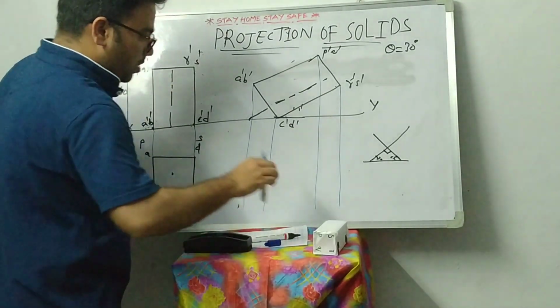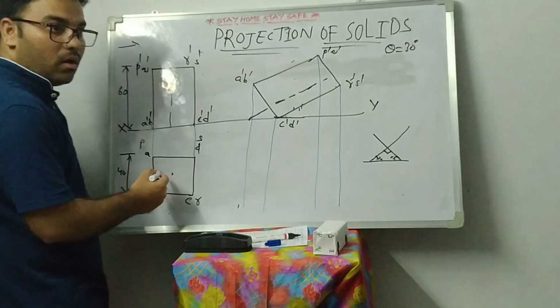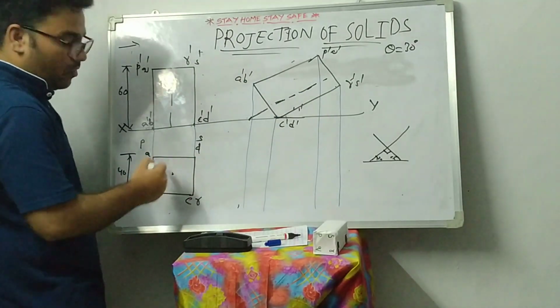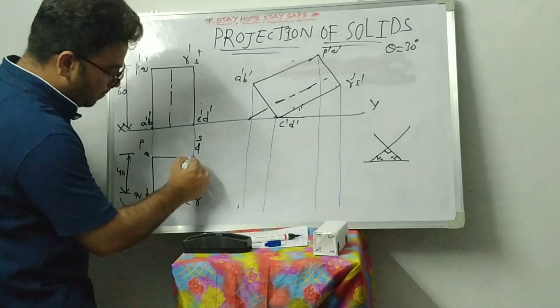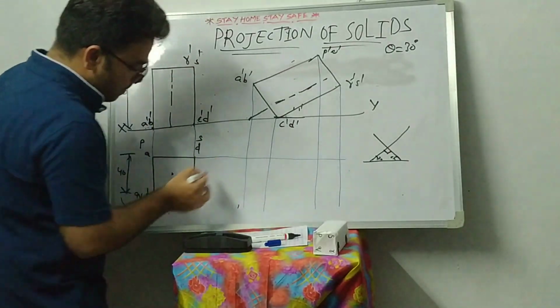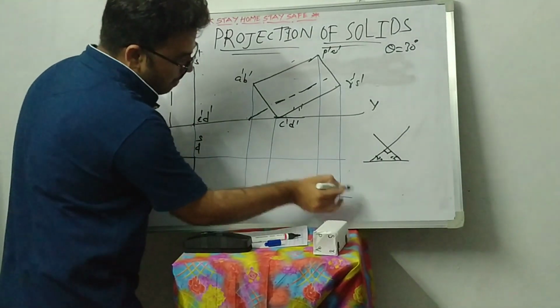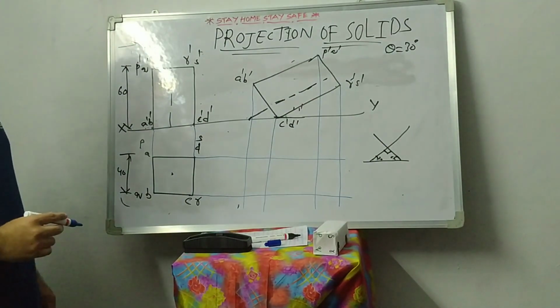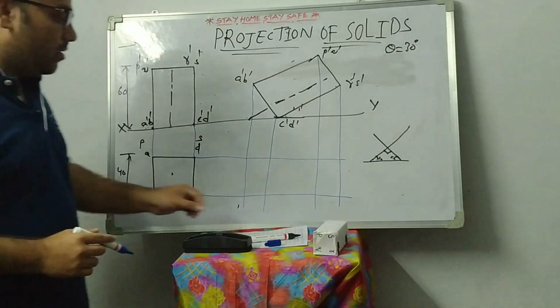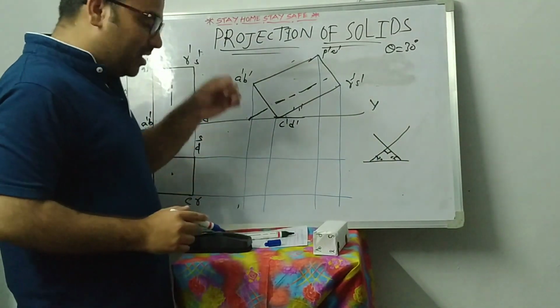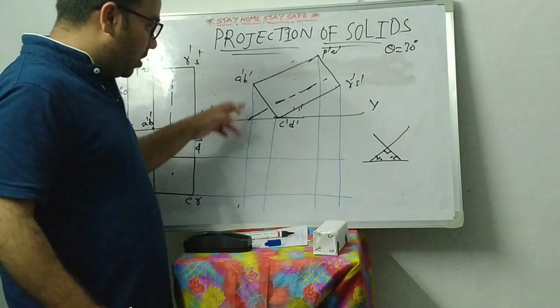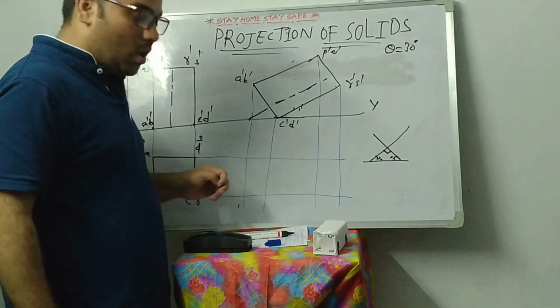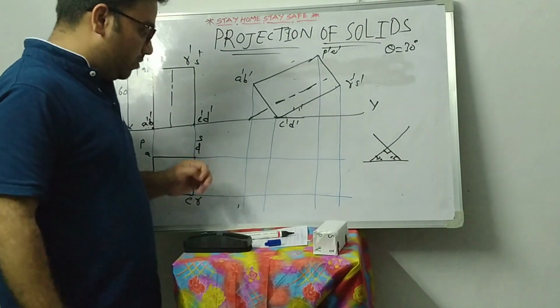Now again project the horizontal lines of the top view of the square. Now here we got intersection points. Two lines are intersected, horizontal and vertical lines, so we got some points.